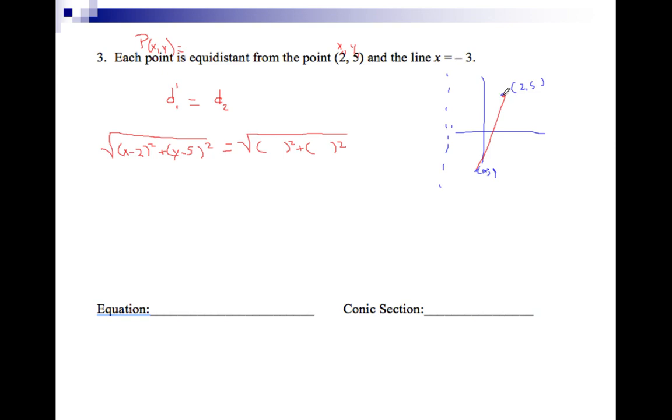But if you just draw this line, if this is at 2, 5, and you're going straight across to the line where x is always -3, y must be 5, right? We'll just do the same from the random point xy. If you're going across to the line here, x is -3 and y is the same y. That's the important thing.